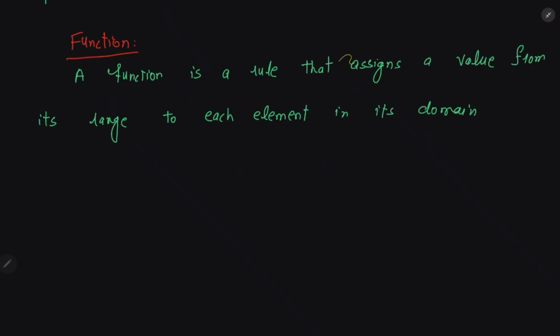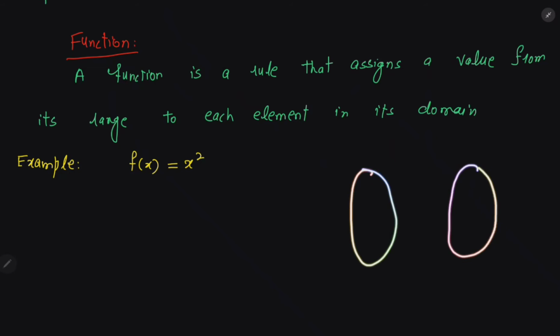Okay. So let me just give you an example to understand the function and then move to the one-to-one function. Suppose we have f of x is equal to x square. This is our function. So if you draw a data, suppose we have two sets, and range is 1. For this range 1, we have two values. One is -1 and another one is 1.